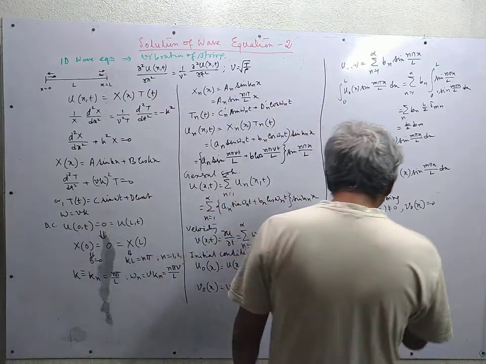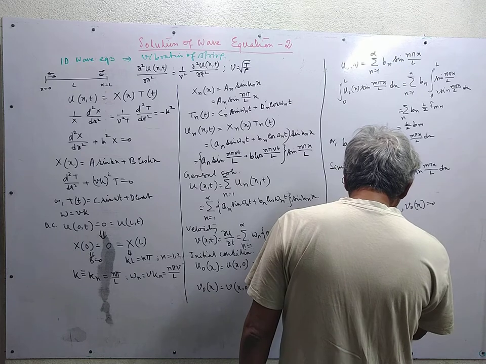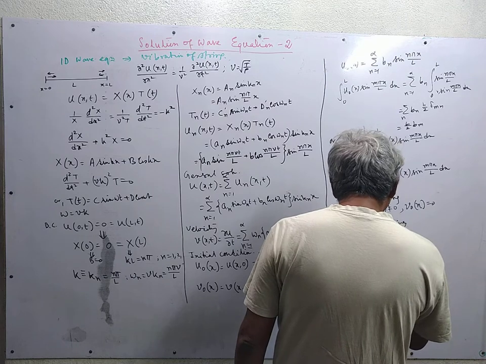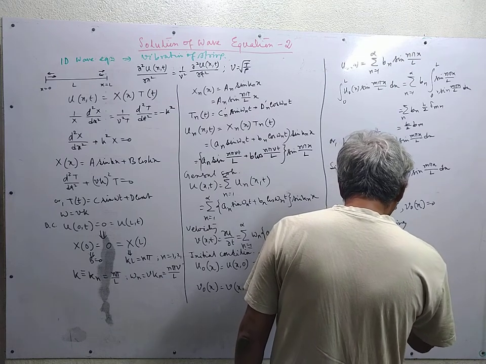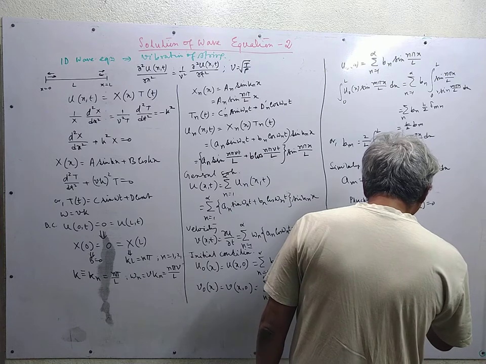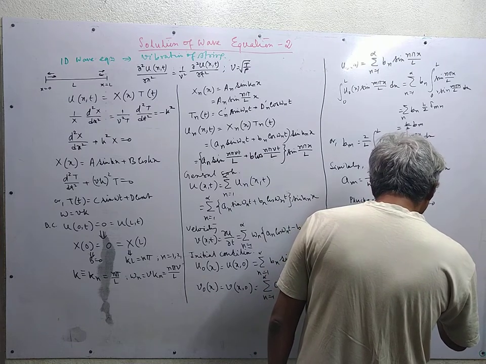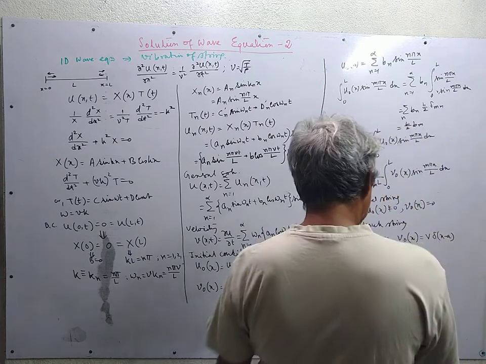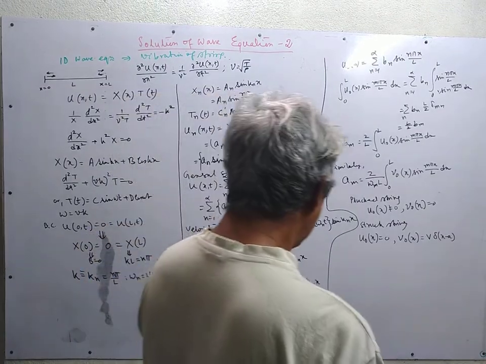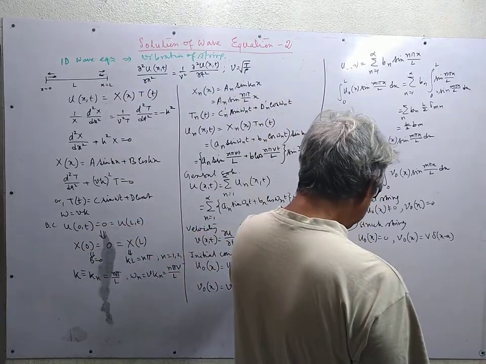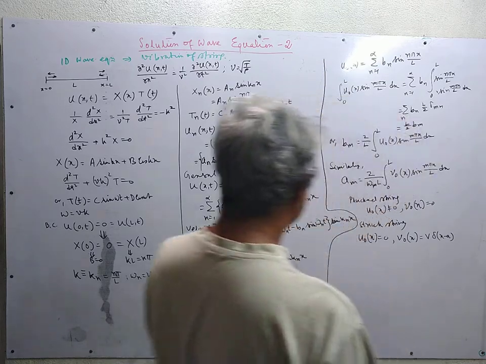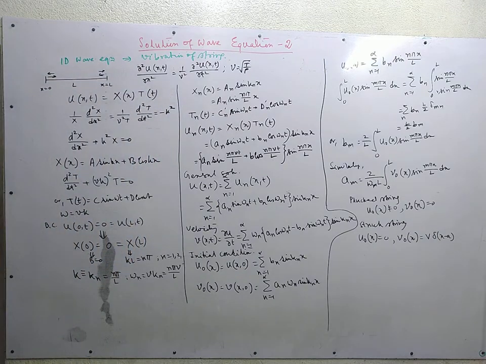And for struck string case, u0 of x is equal to 0 and v0 of x is a delta function x minus x0. So in that case we see that since u0 is 0, b is 0, but am is not 0. So we can get different cases from these initial conditions.